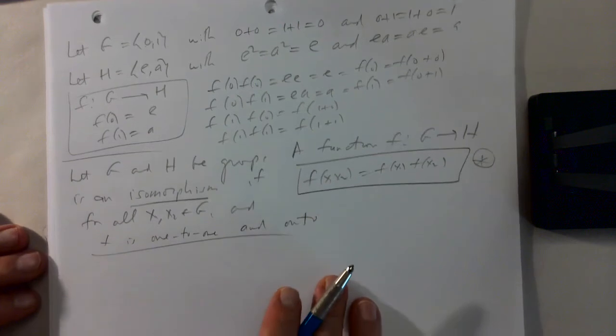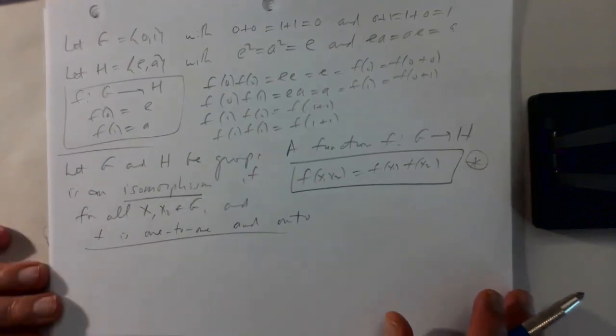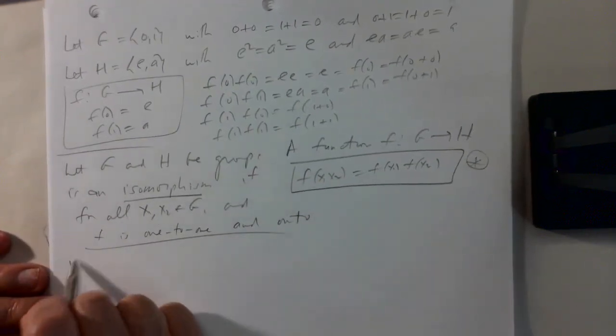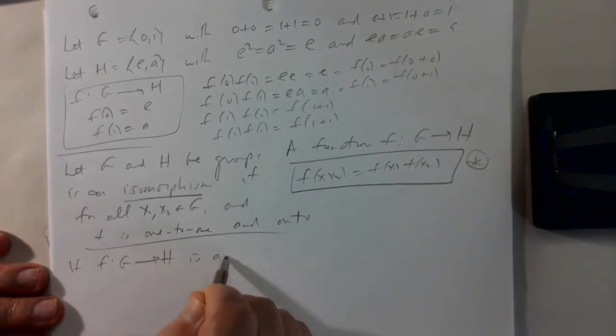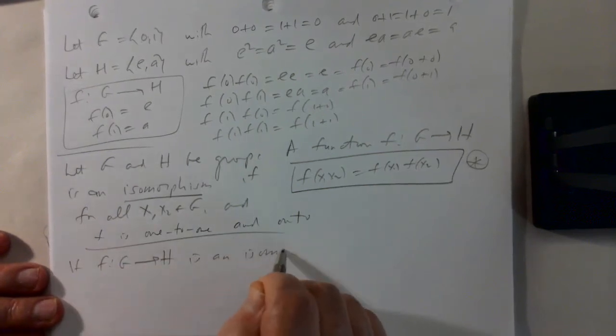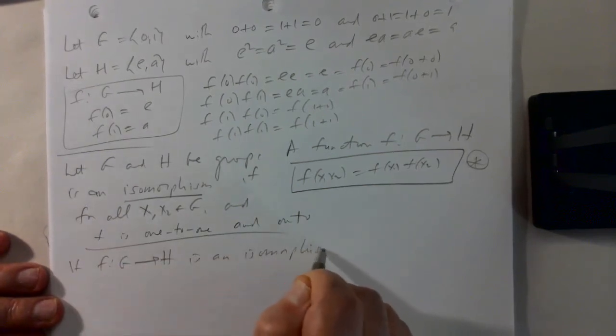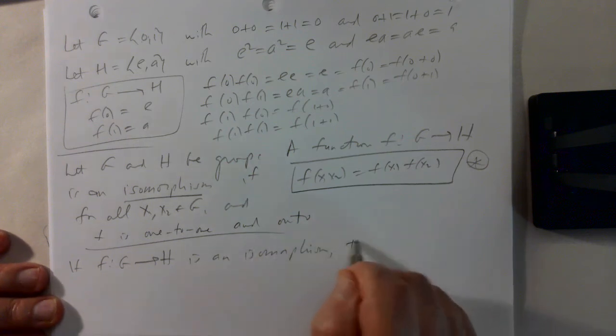Now, there are some simple lemmas in the notes with proofs. So if f from G to H is an isomorphism, this function has an inverse.